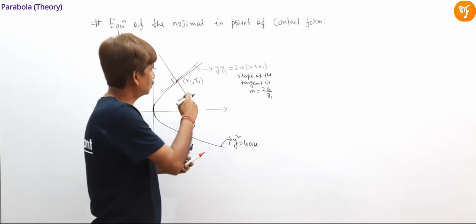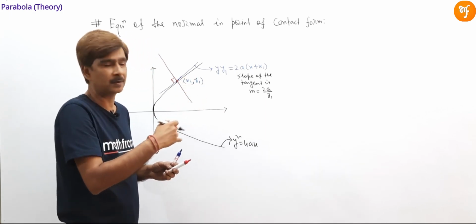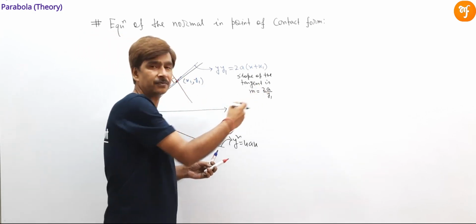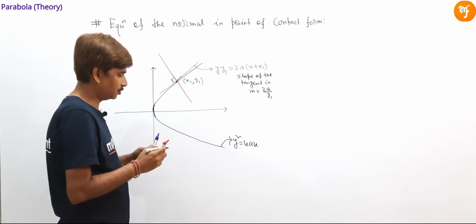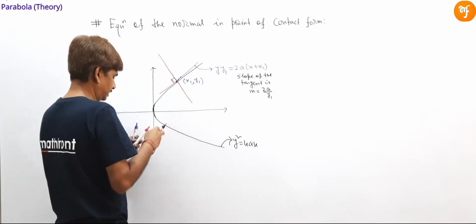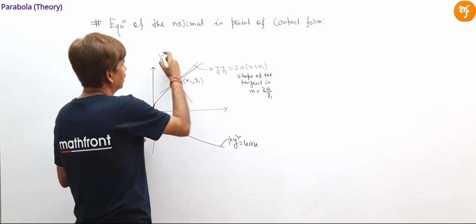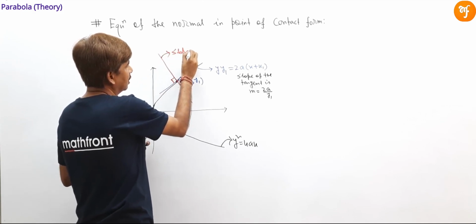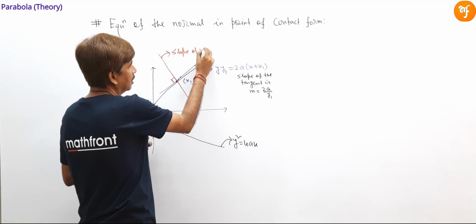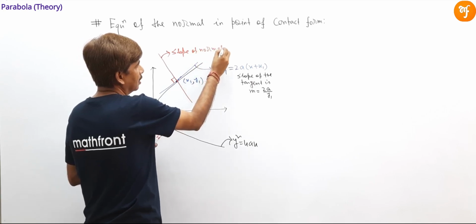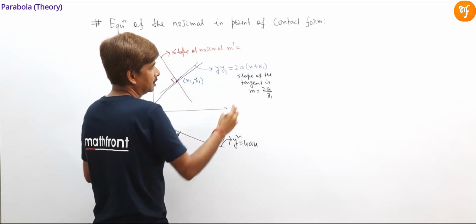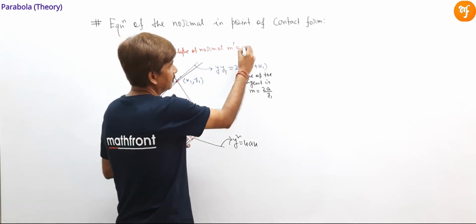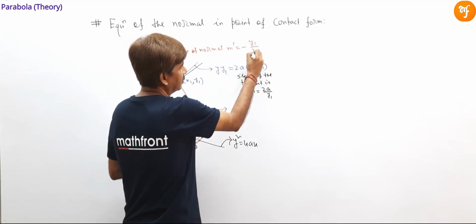So what will be the slope of normal? The slope of the normal will be minus y1 divided by 2a. So we can say the slope of normal m dash is equal to what? Minus y1 divided by 2a.